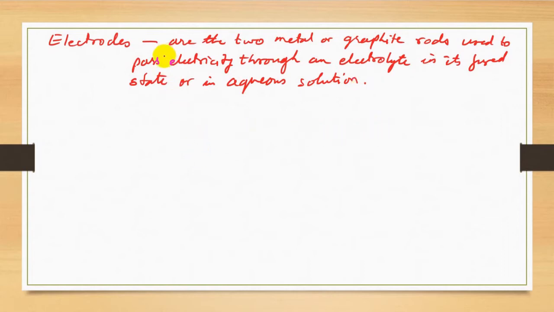So these two, what are they called? We have already done that. They are called anode and cathode, isn't it? If I compare them, what can you say about them? Both of them are electrodes, but anode is the one which is connected to the positive terminal of the battery.